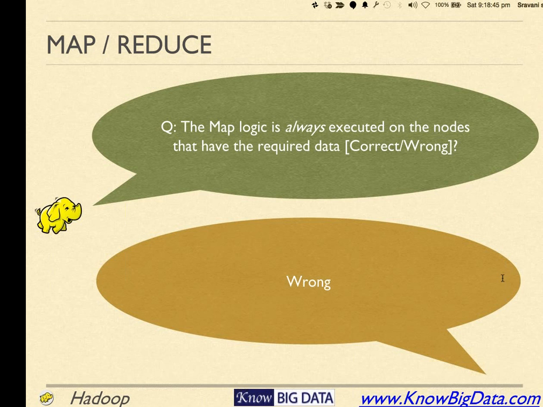Now Anu's question is, if the data node is down, can you explain the scenario? Good point. Let's say one of the data nodes is down. If you remember correctly, that particular block of data will be copied to some other data node, right?